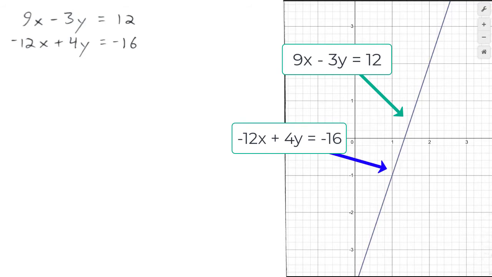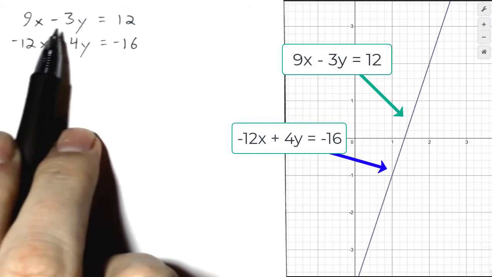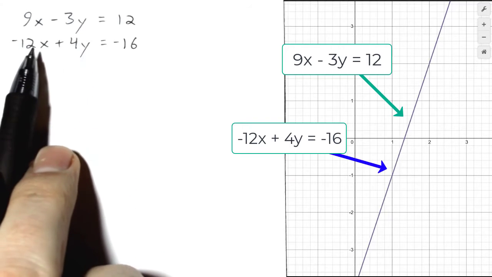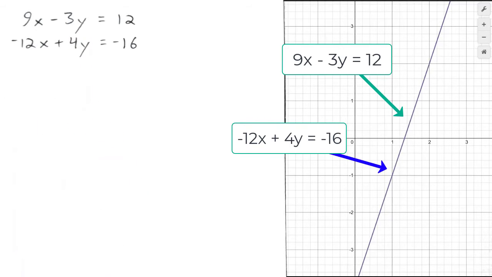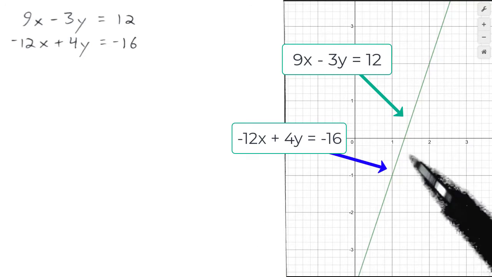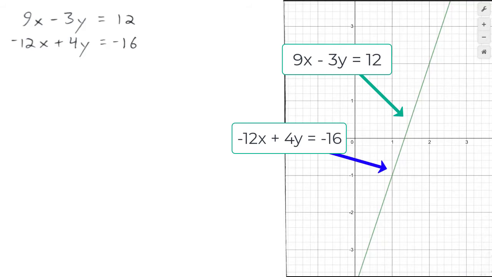Now remember what a solution to this system is. A solution is a pair of numbers, x, y, that satisfies both equations. Now, the solutions to the first equation are given by this green line, and the solutions to the second equation are given by this blue line.